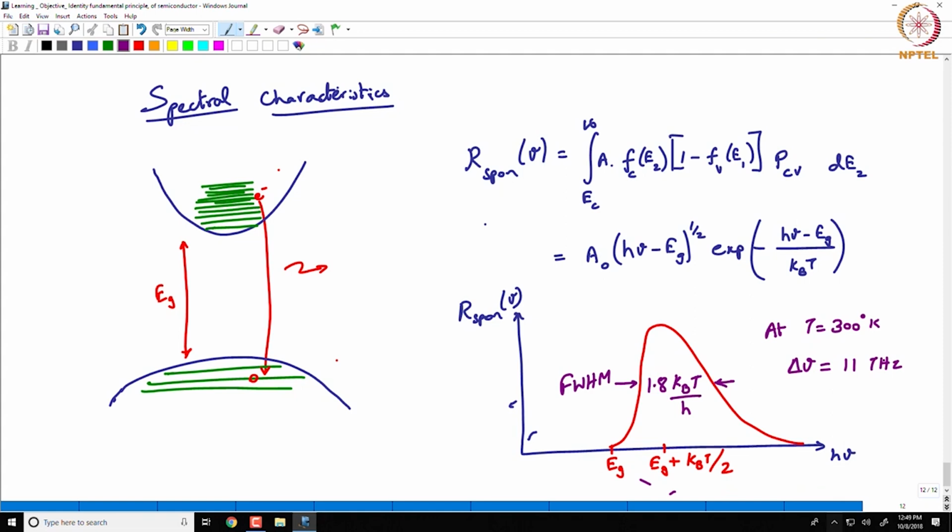If you are operating at 1 micron wavelength, that wavelength spread will be more like 40 nanometers or so. Okay, and of course, if you are around the visible region, that may be even smaller in terms of delta lambda. But delta nu, you can say that it will correspond to 11 terahertz if you are operating at 300 degree Kelvin. Okay, so that is another interesting aspect.